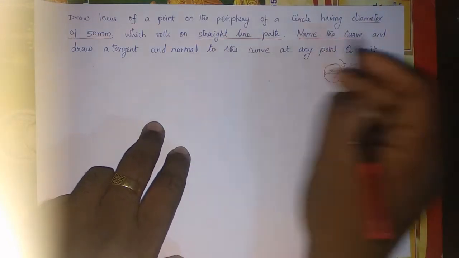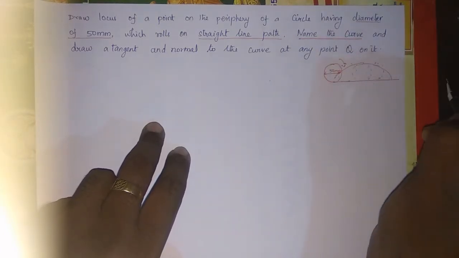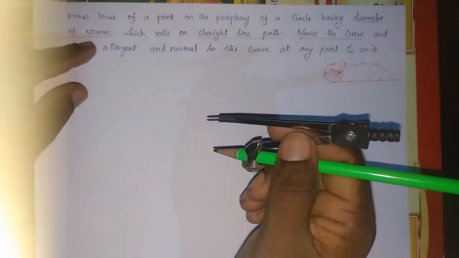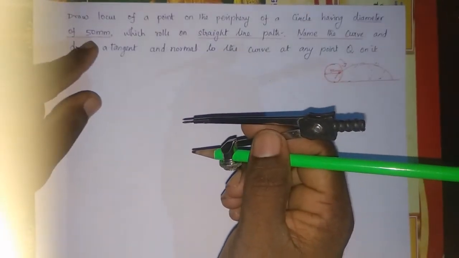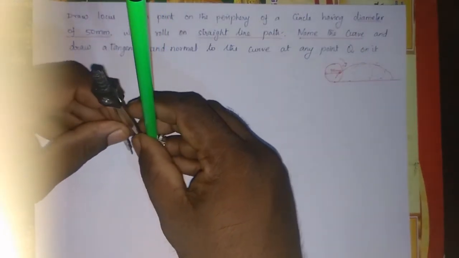Here the problem is clearly a cycloid. I am going to draw a circle of radius 25 mm, which means we have a diameter of 50 mm. This is the circle.